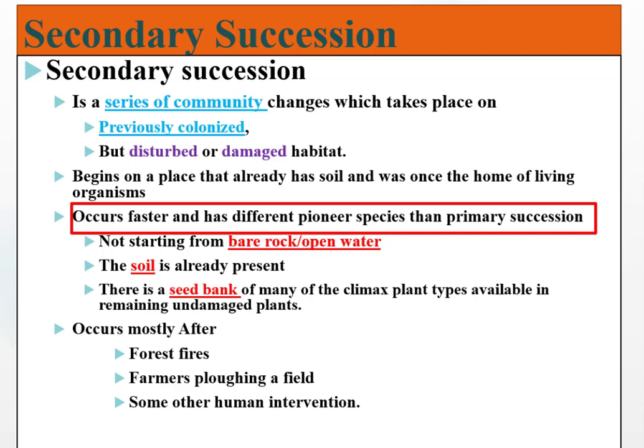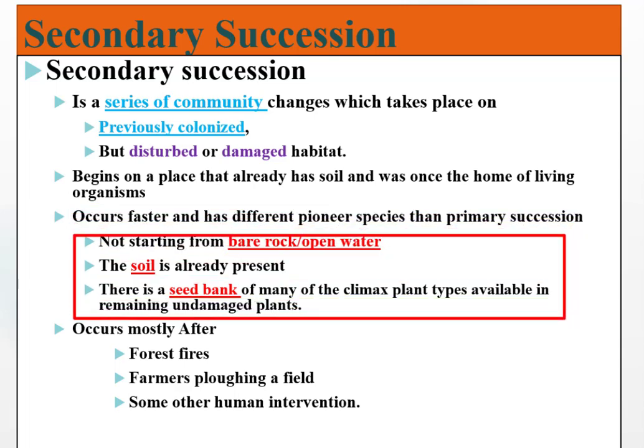The pioneer species in secondary succession are annual herbs, because secondary succession does not start from bedrock or open water. It simply starts on the ground or an area that has soil. And in this area, there is also a seed bank of many of the climax plant types available in the soil, along with remaining undamaged plants.